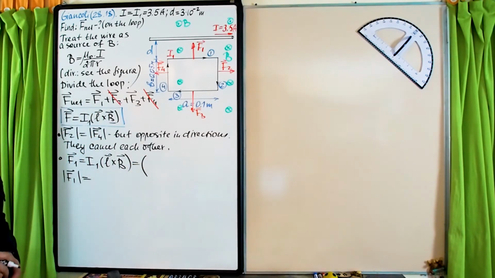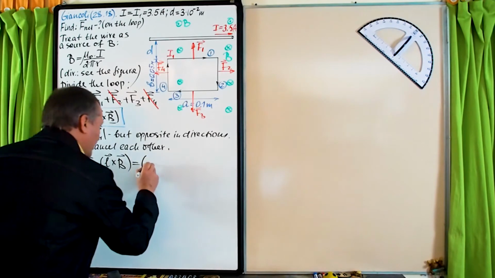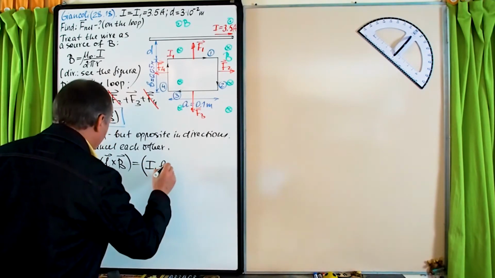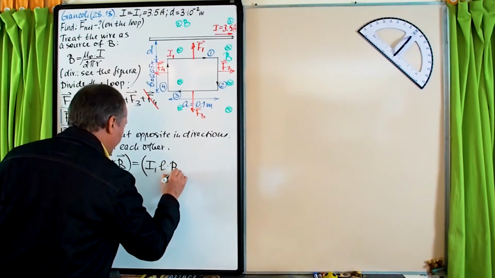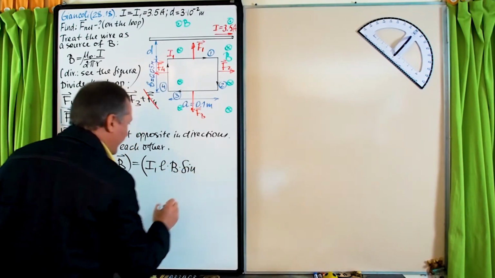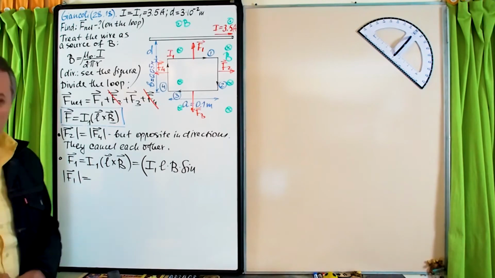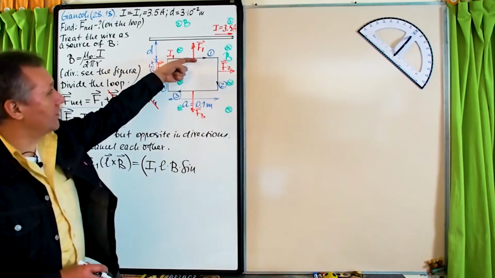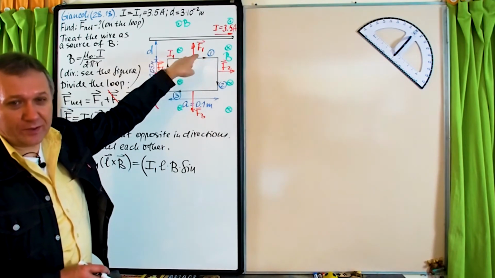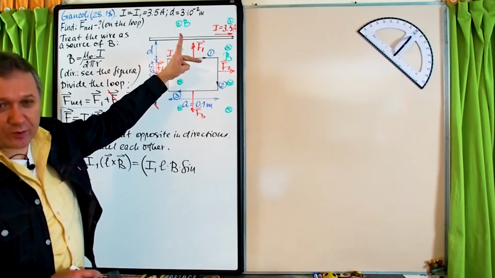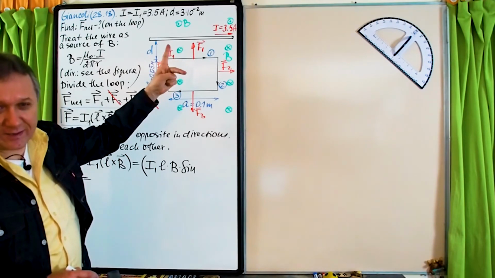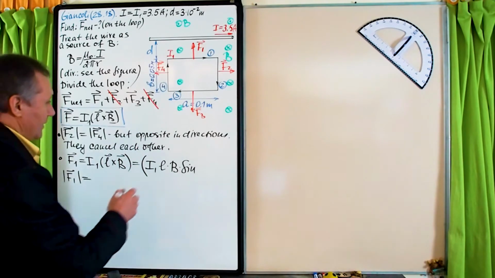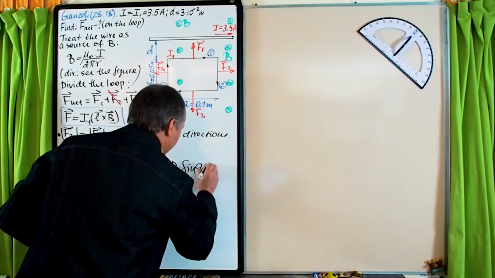First, let me write down the magnitude. It's I1 L B times the sine of the angle. What is the angle between L and B? L is the direction of current that way, B is straight into the board. So the angle between them is 90 degrees. Sine of 90 degrees.